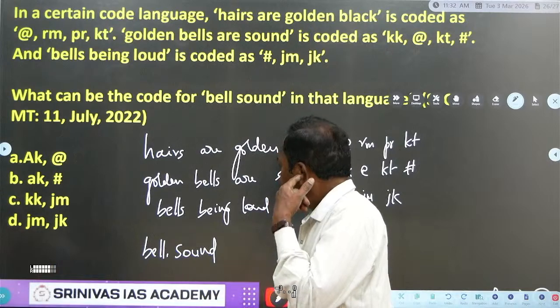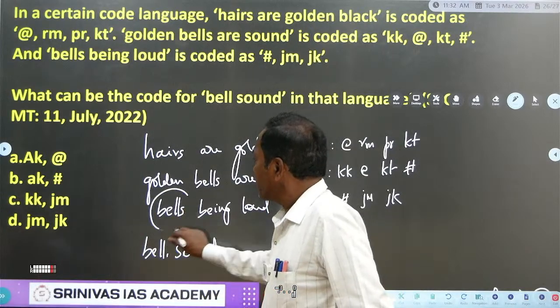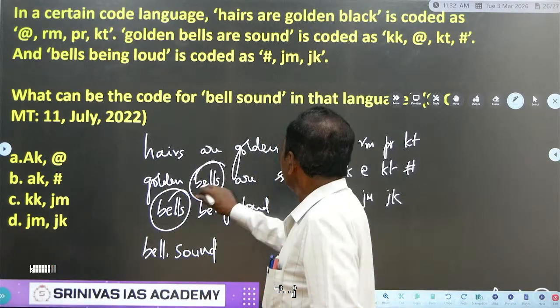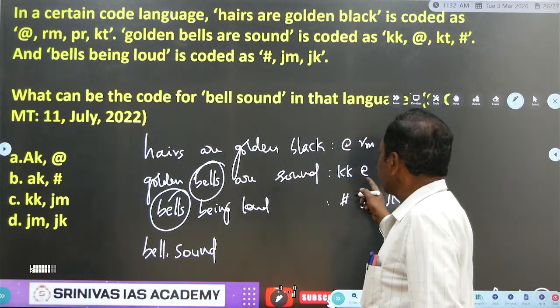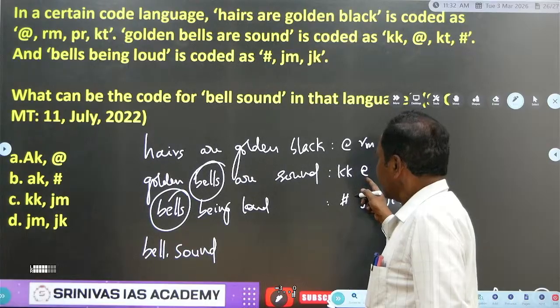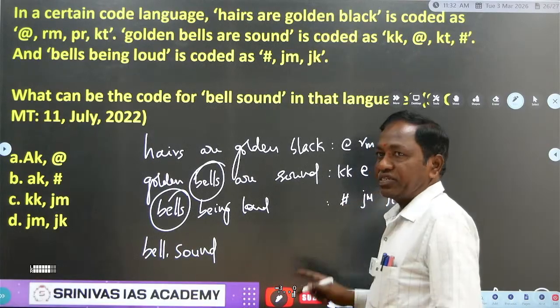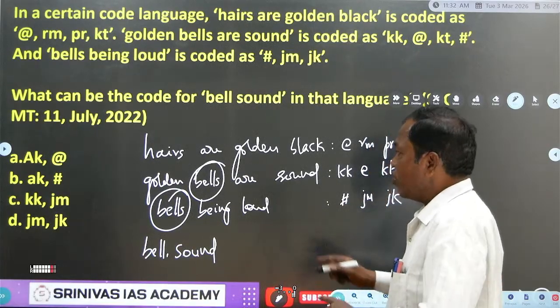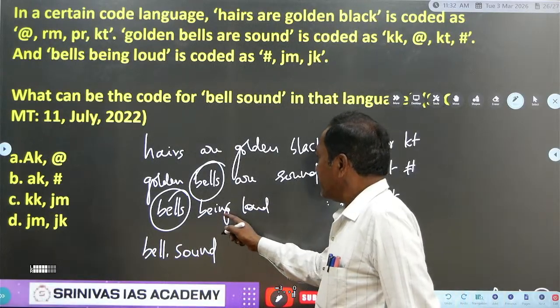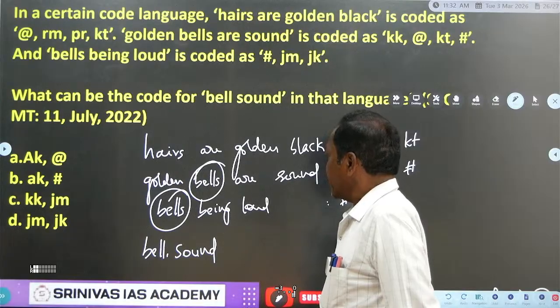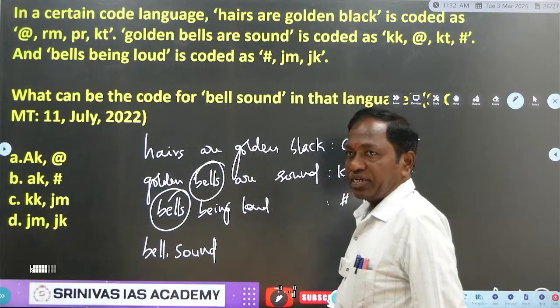Now bell sound. Where do you see the bell? In the third group it can be seen, and in the second group. Like bell, second group, in the second term is AT. Here the first is ASH. It is not that, but you have to see the commonalities. Being is not repeated here, loud is not repeated here.